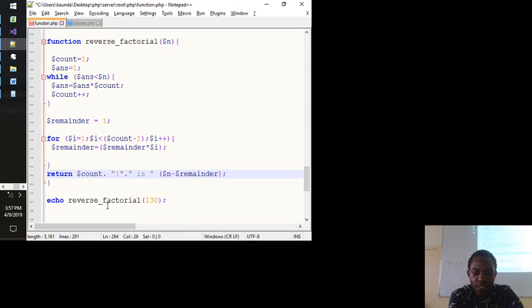This factorial is the actual number. This factorial gives this amount. This factorial gives this. Remember this.